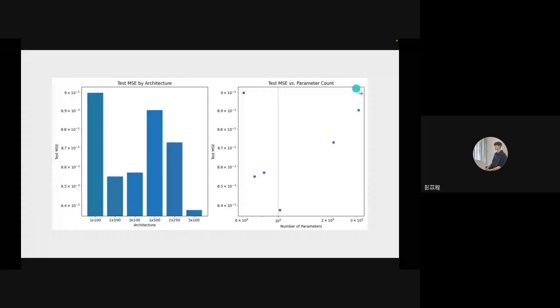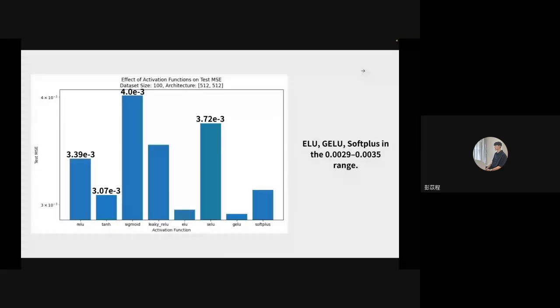As shown in the figure, some models with fewer parameters actually achieve lower test MSE than certain models with more parameters. So we think this indicates there's no straightforward trend of more parameters leading to lower error.